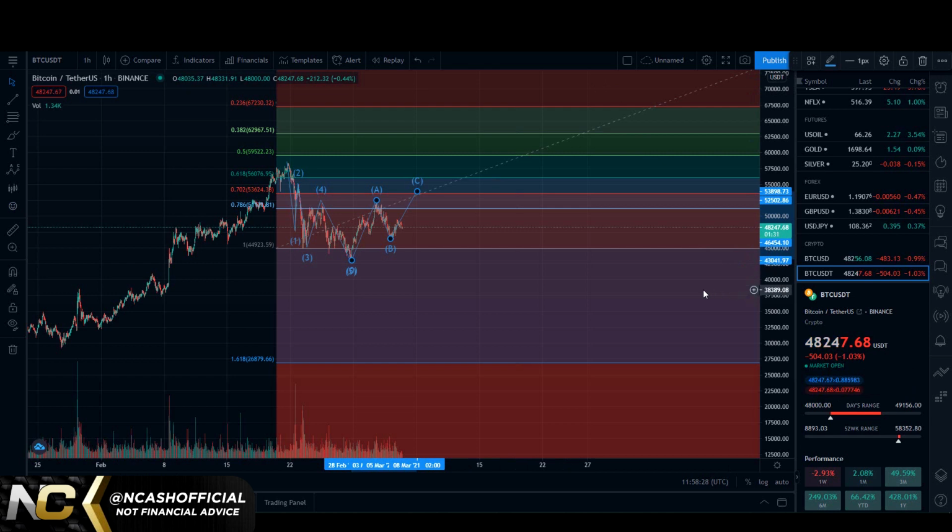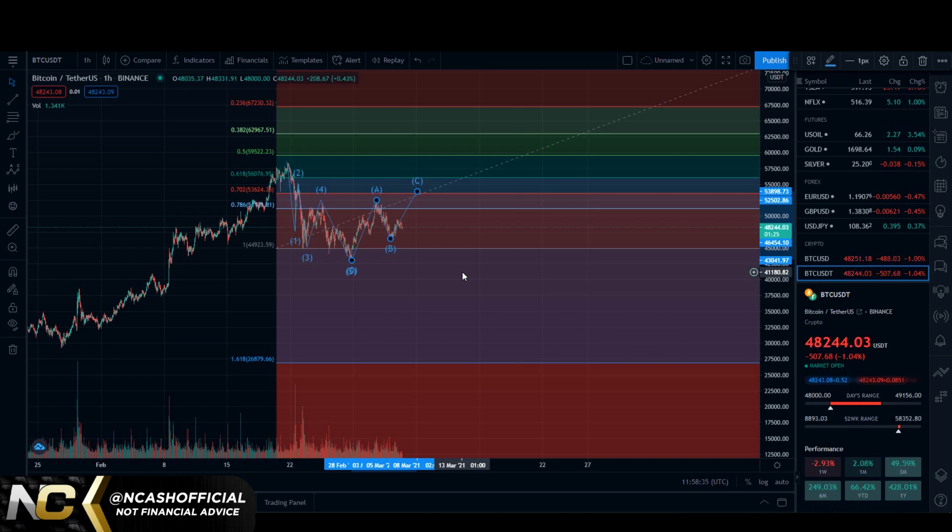because 43K could be the bottom, 45K could be the bottom. It all depends on where we really see the price chart go. Price action is very key right now. We've seen some volatile markets, especially just recently with the S&P 500, the Nasdaq, the Dow Jones.